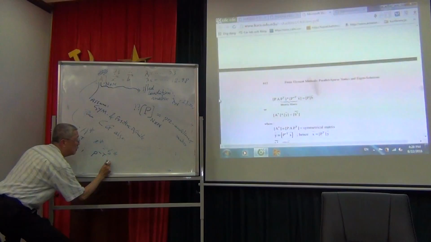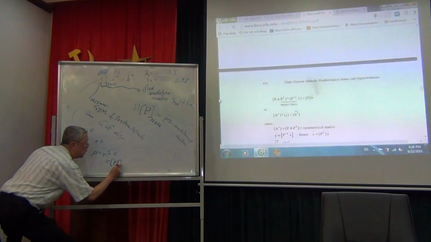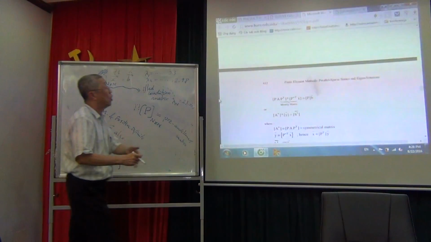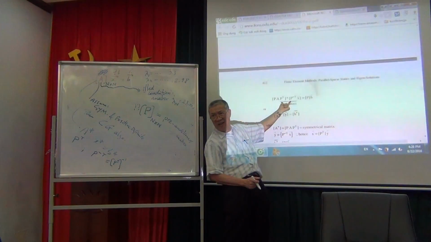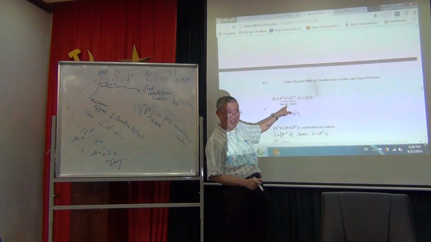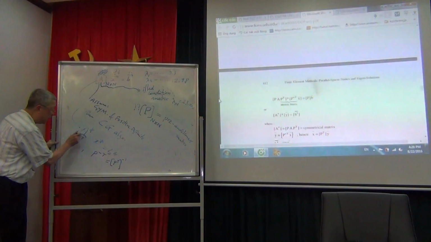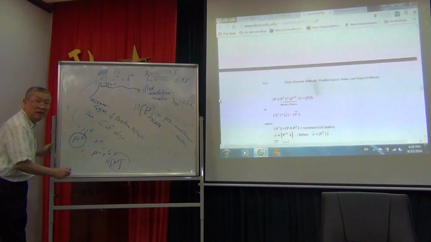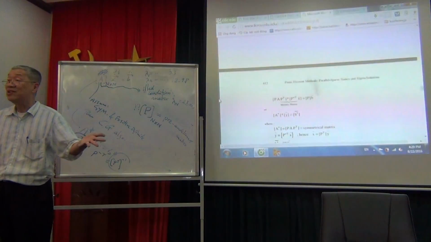It means P transpose, and then you take the inverse. Okay? So, when you multiply these two, what do you get? You get the identity matrix. Agree?